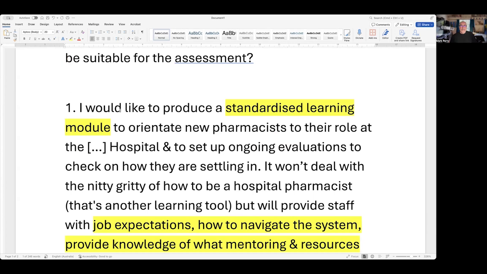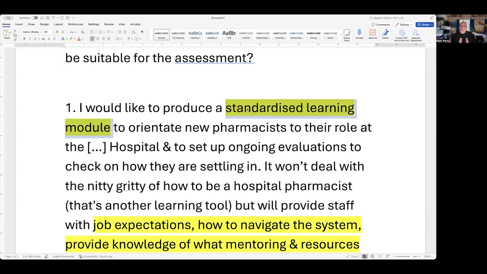So standardized learning module, yes, that's kind of good. That's really typical. We generally assume we're going to be creating an online course of some sort that might be delivered hybrid or 100% online, depending on the work situation. The fact that it's standardized, I guess this learner is best placed to decide what those standards are and where the consistency is.